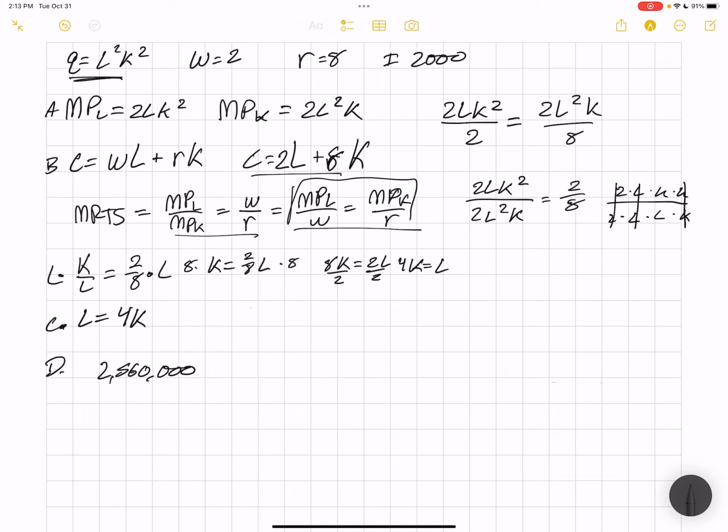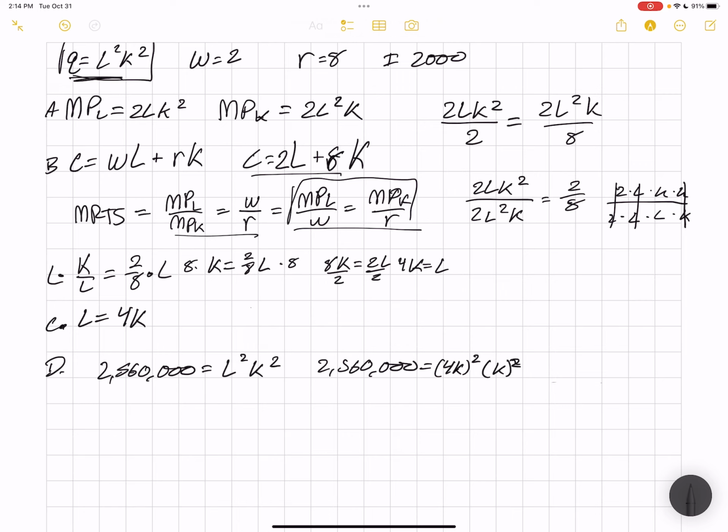And we want to find out the optimal K and L to get that output. So we're going to set this equal to our original production function up here, L squared K squared. And then we can take this a step further because we know that L is equal to 4K. So 2,560,000 is equal to 4K squared times K squared.